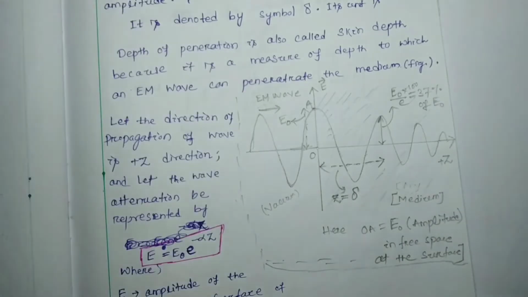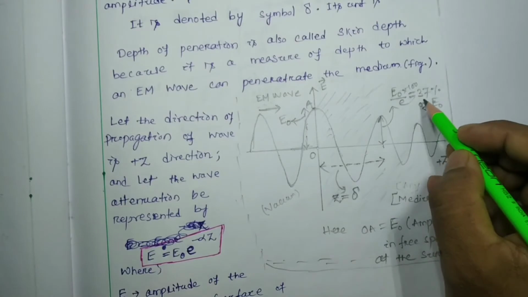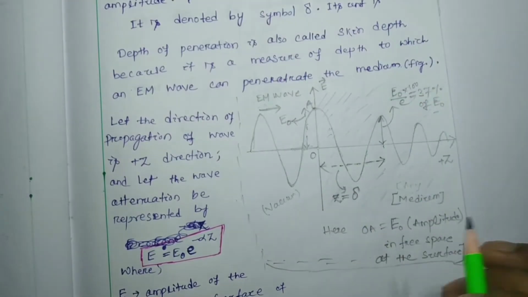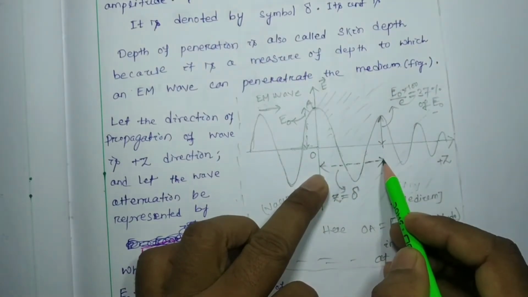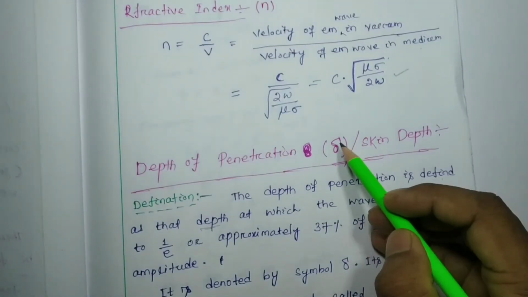At this point the amplitude will be only 37% of E0. This distance is called the depth of penetration or skin depth, represented by the symbol delta.